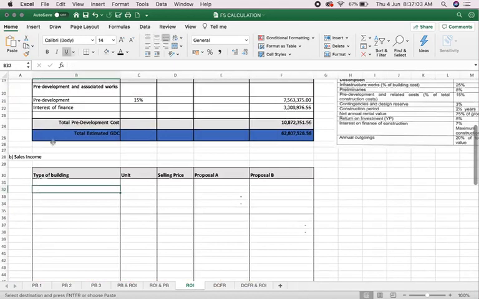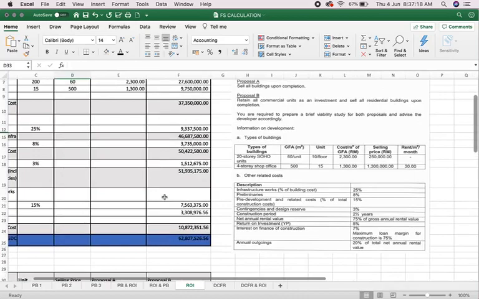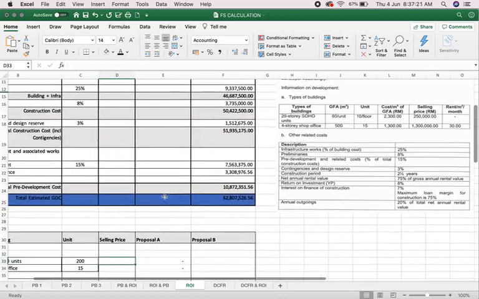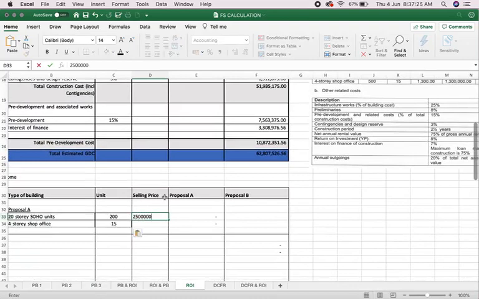We do proposal A first, type proposal A, then paste with Command V. So the selling price we already know for the 20-story Soho and 4-story shop office. Now we look at the selling price of 250,000 and 1.3 million.